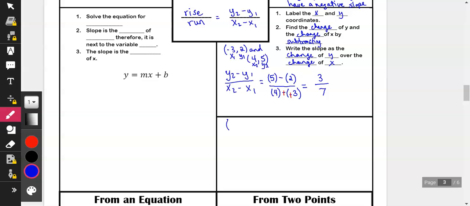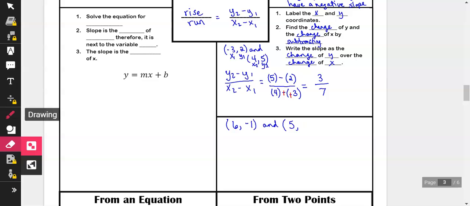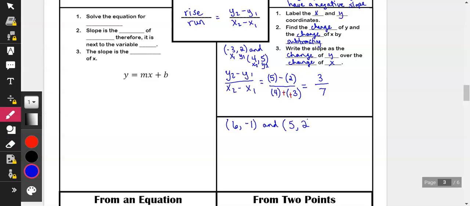Let's say we have the points (6, -1) and, sorry, let's do (5, 2).